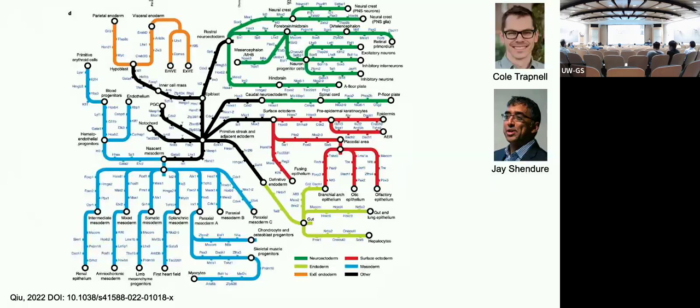Basically, at the 1 cell stage, you start here, and then you can take different routes to become the skin, or the gut, or blood cells, or muscle, or limbs. And all of these little names as you go along are those molecular switches turning on and turning off genes.